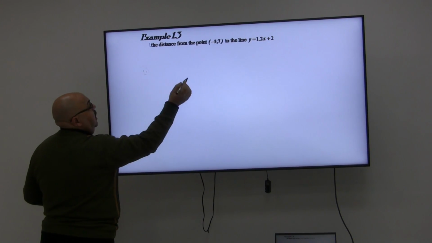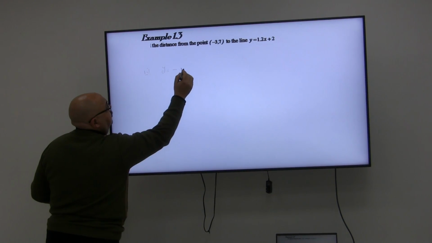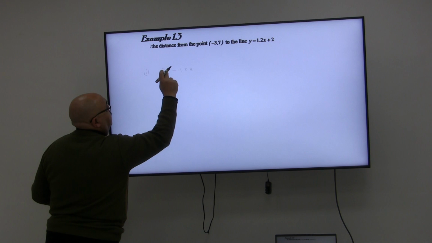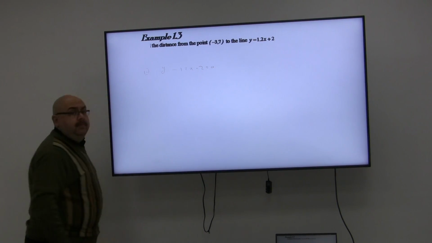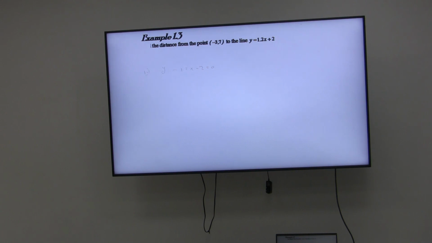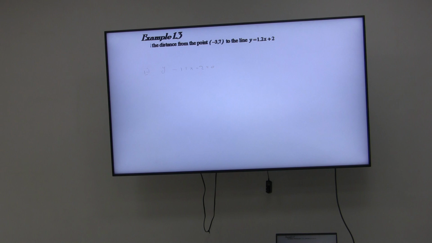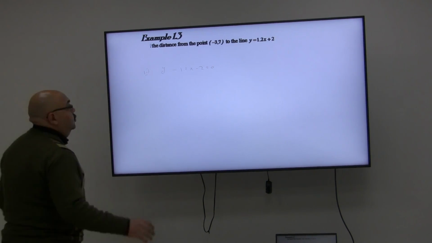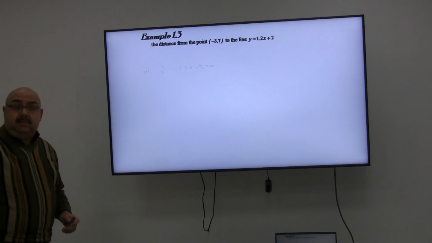Step number 1. I will put this equation, y equal negative 1.2x, negative 2 equal to 0. I will put the equation in this way. So all I had to do is just to shift those numbers to the other side. This is step number 1.